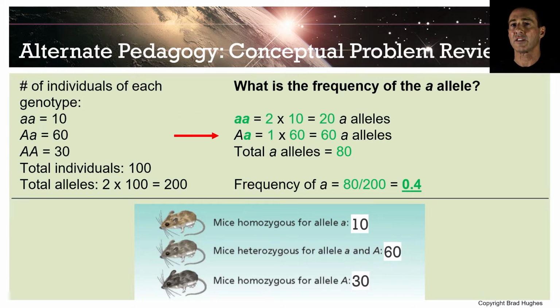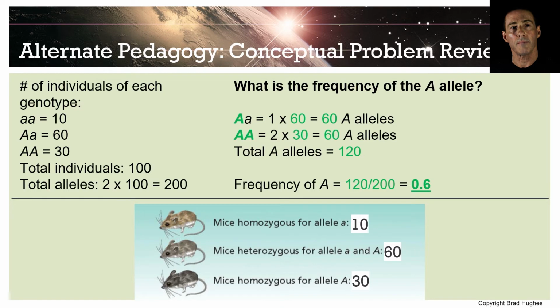Each heterozygous big A, small a individual has 1 small a allele, so there are 1 times 60 small a alleles coming from heterozygotes. Therefore, the total number of small a alleles present in the full population is 80. The frequency of the small a allele is then 80 divided by 200, equaling 0.4. The frequency of the big A allele can be calculated in the same way as the small a allele.